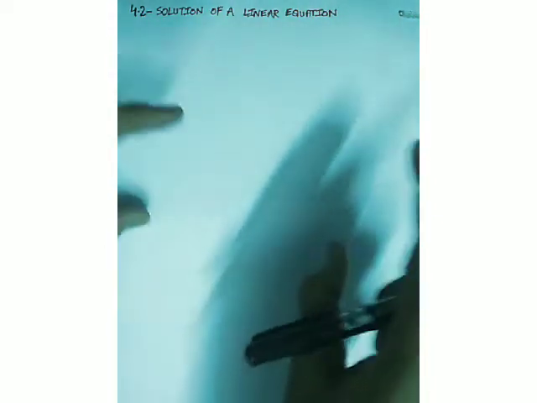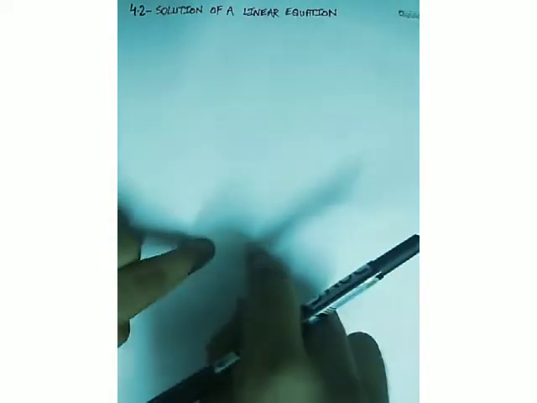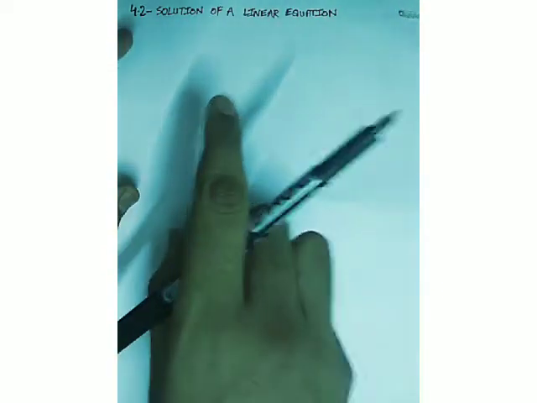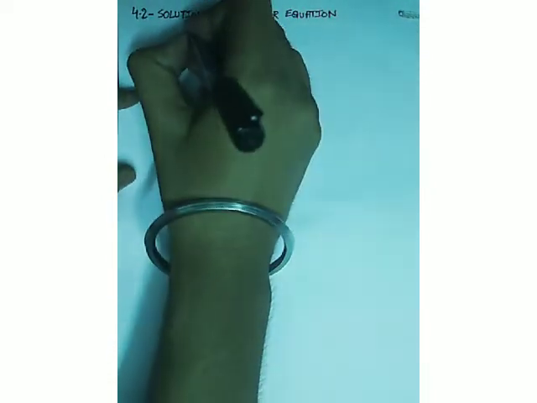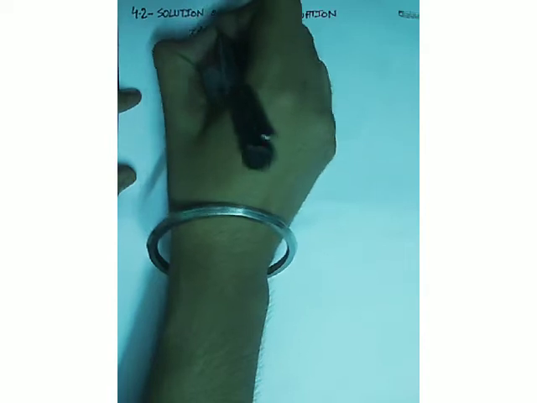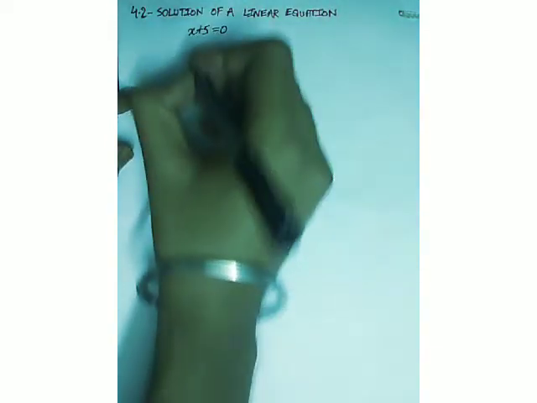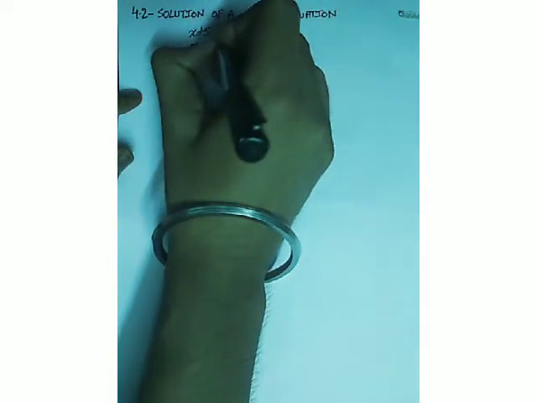Whenever we say solution of an equation, what does it mean? It means the set of all those values which are satisfying the equation are known as the solutions of the equation. For example, there is an equation x plus 5 is equals to 0. Find the value of x. X is equals to minus 5.